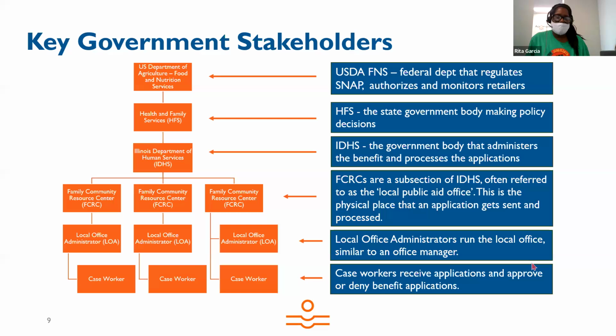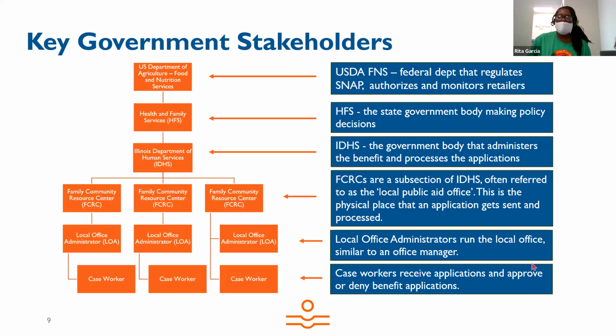And then you have here on the bottom ring, the Family Community Resource Center, FCRC. They are a subsection of IDHS, often referred to as the local public aid office. So this can be in a multitude of areas, depending on where the client or caller is located.